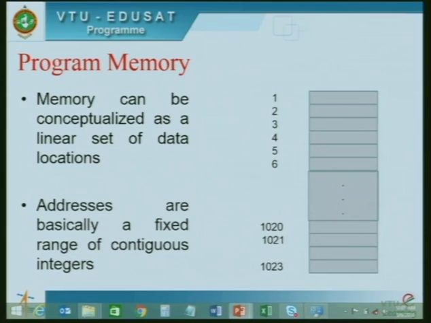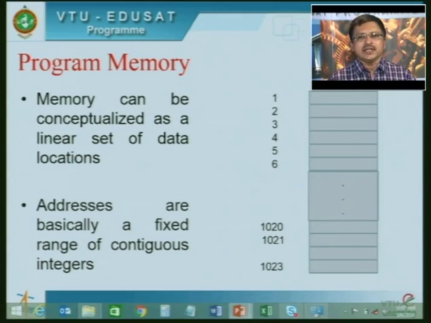In reality, addresses are nothing but numbers. So they are basically a fixed range of contiguous integers. For example, on the right hand side, the addresses have now been replaced by 1, 2, 3, 4. Typically the address starts from 0, but I have marked it as 1 to keep things simple.